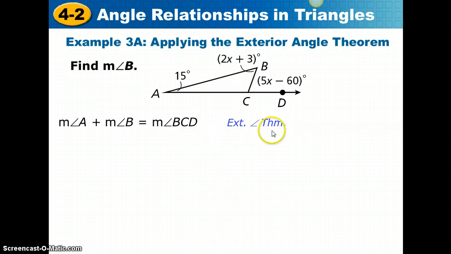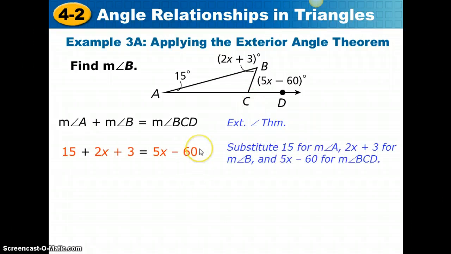So the measure of A plus the measure of B equals the measure of BCD. So let's fill in what we know by substituting. 15 plus 2x plus 3 must equal 5x minus 60. We simply need to solve this equation for x and then plug it back in to find the measure of angle B. I'm going to give you a moment or two to try and solve this equation for x. Pause the video, and when you are ready to begin, click play.